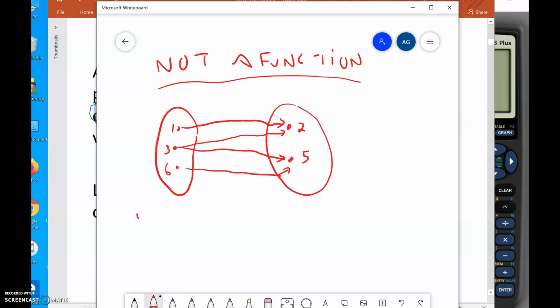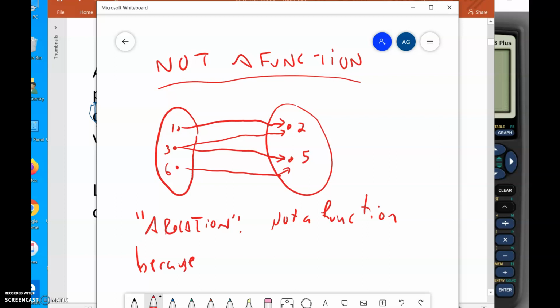This is what we call a relation. So specifically, why is this not a function? It's not a function because of this. Let's clearly identify the problem here. Because 3 goes to 2 and 3 goes to 5.